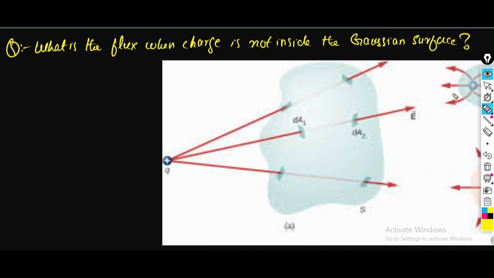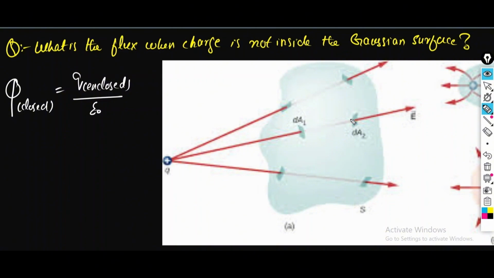According to the expression of the Gauss law, the flux through a closed surface is equal to the charge enclosed by that surface divided by the permittivity of free space. Here this is a Gaussian surface, and the charge plus q is present outside of this Gaussian surface.